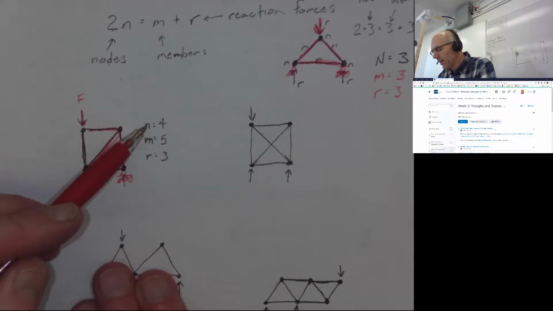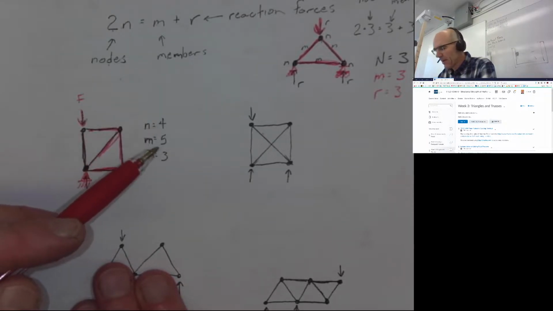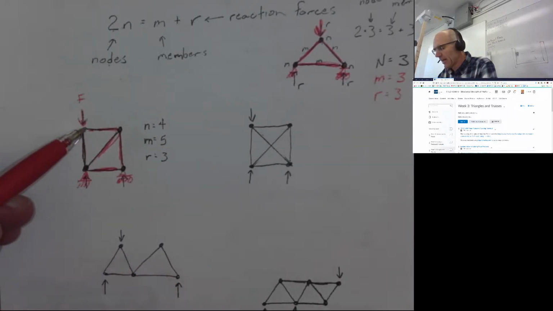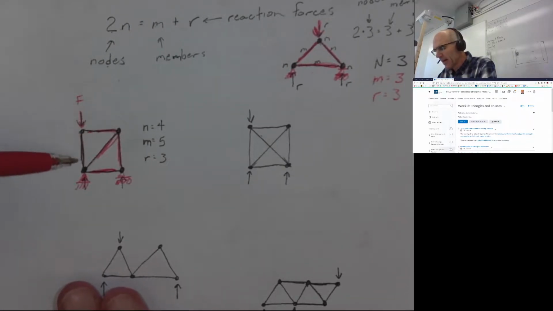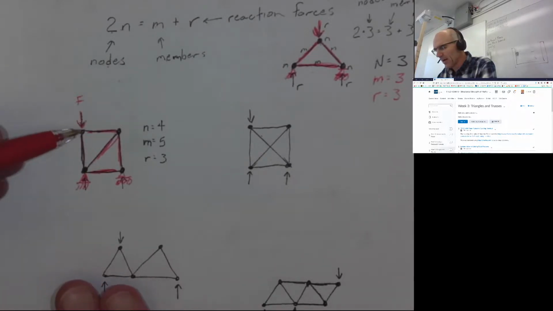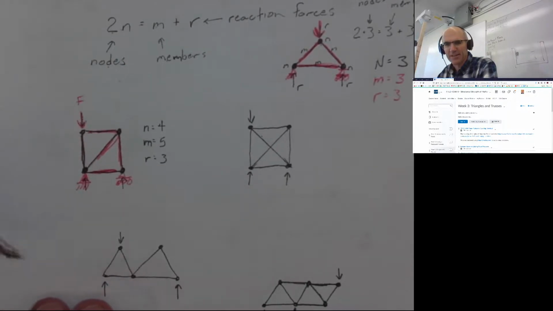So 2 times my number of nodes is 8, so 2 times 4 is 8, equals 5 plus 3. So this structure is statically determinate and not over-constrained. So we can calculate how it's all going to work out. Now in this case, the solution's really kind of trivial, and all of this force just goes straight down into that line right there, and it's kind of boring.